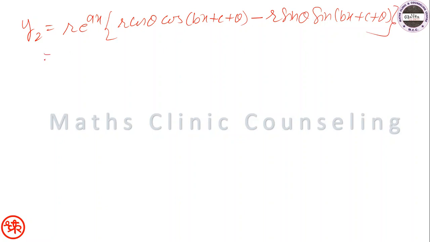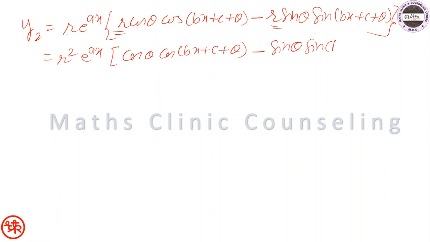Take r common. तो ये r अगर बाहर ले लिया हमने तो this r and this r will be r square e to the power ax into cos theta cos of bx plus c plus theta minus sin theta sin of bx plus c plus theta.